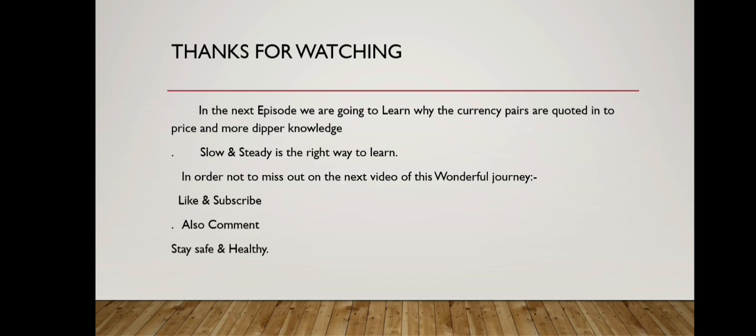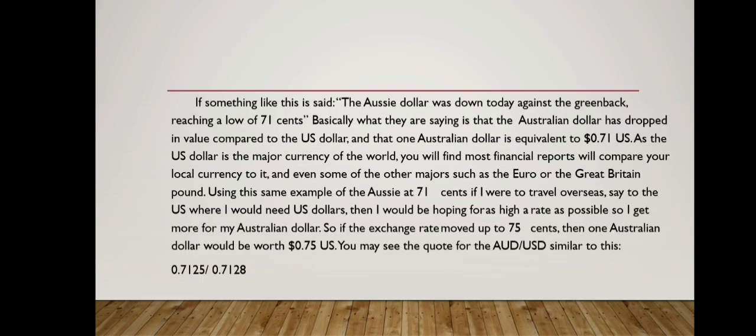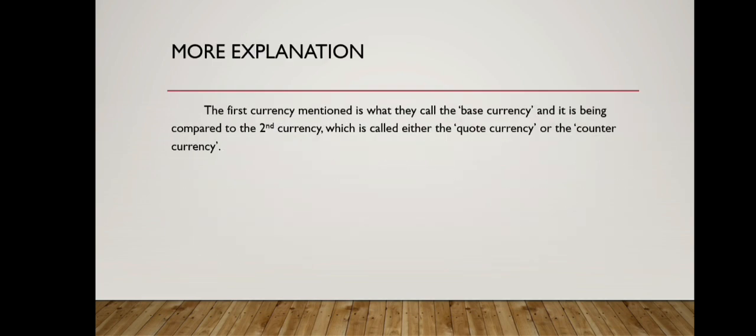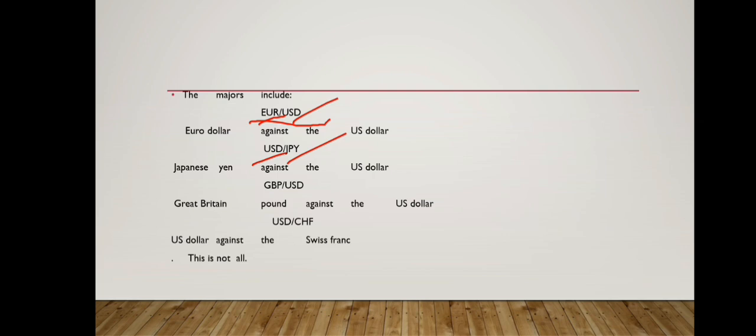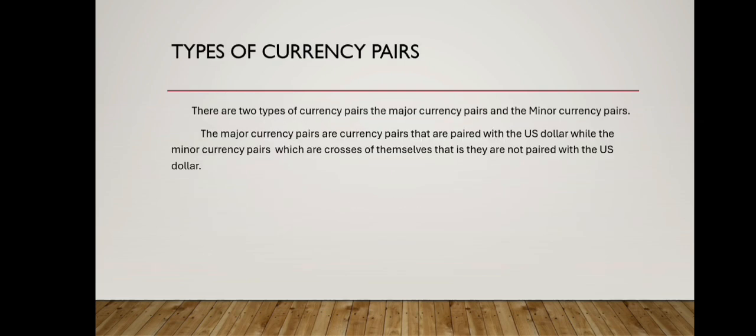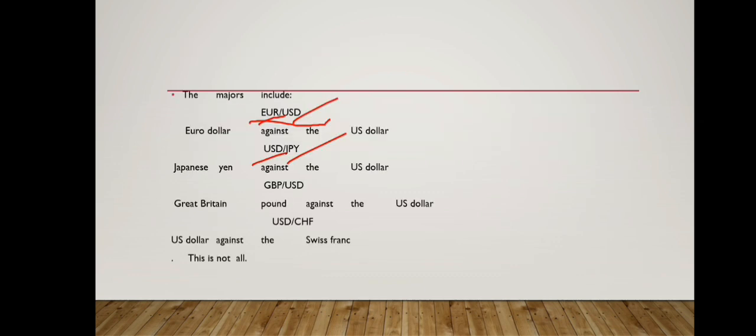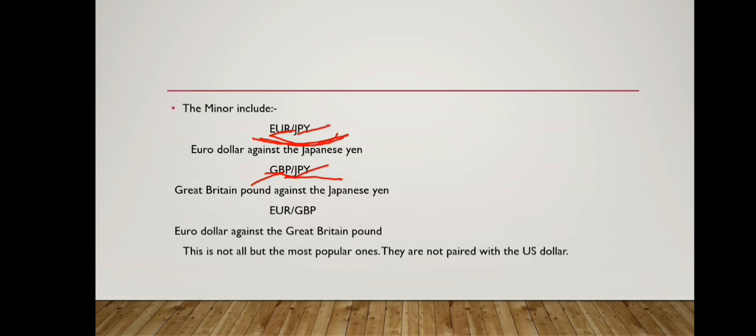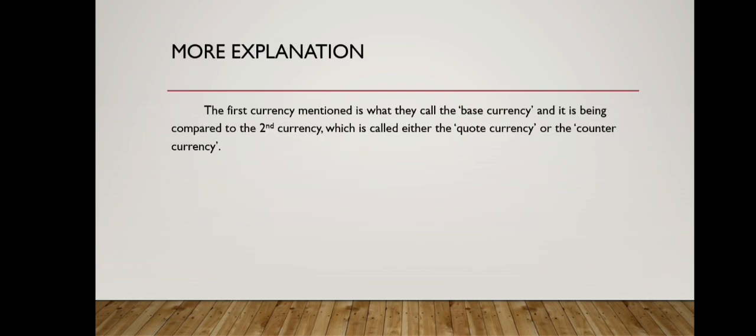So, if we recap, we have learned the types of currency. We have also learned the name of the first currency pair and the names of the two different currencies that make the pair.